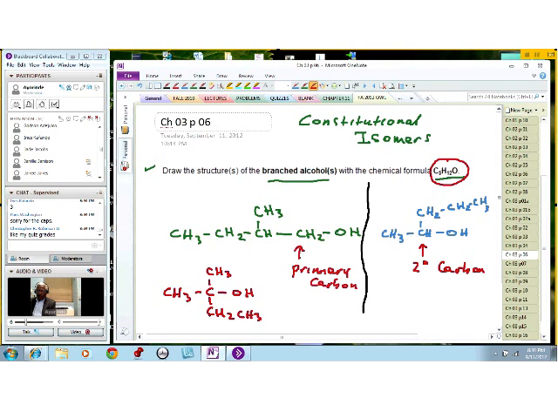Okay, how many carbons do we have in this molecule? 1, 2, 3, 4, 5.